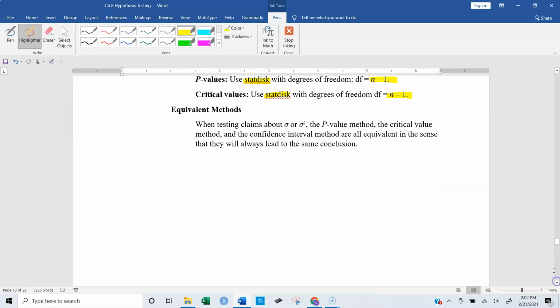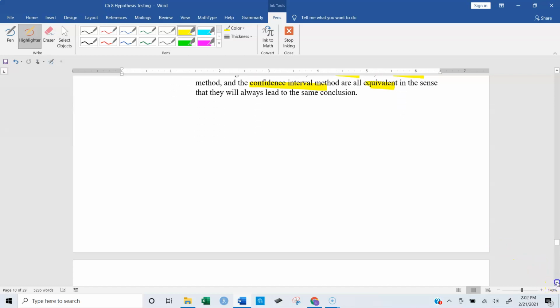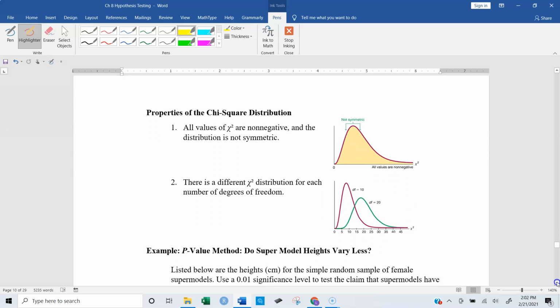When testing claims about standard deviation or variance, the p-value method, the critical value method, and the confidence interval will all give you equivalent answers. So if one rejects the null, they all reject the null. If one does not, then they all do not. They give you the same result, which is very nice.